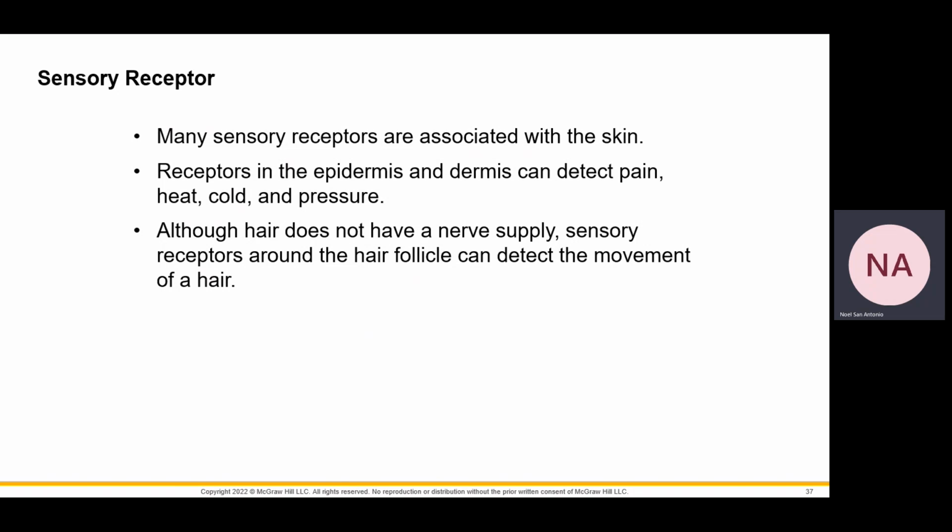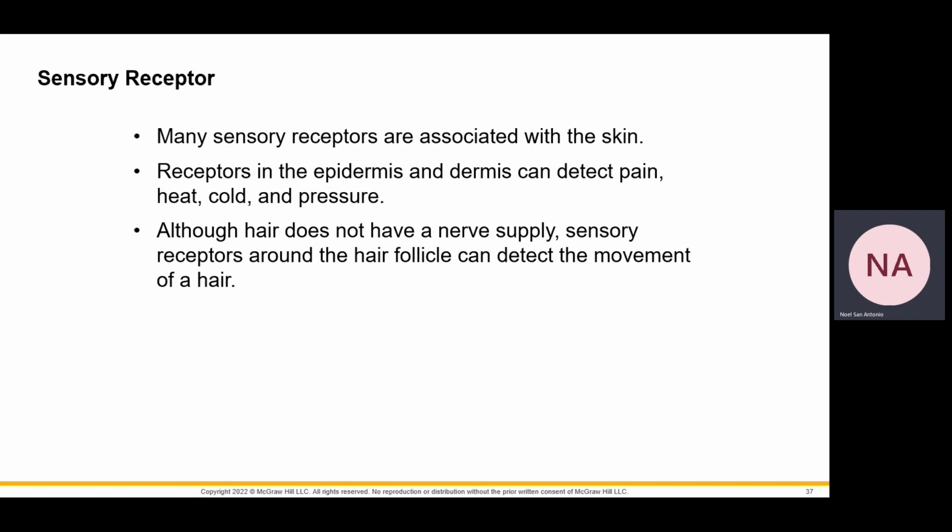Now, there are many sensory receptors that are found in our skin. There are receptors in the epidermis, but there are a lot of receptors in the dermis, which can detect pain, heat, cold, temperature, and pressure. Okay? Now, you have to remember, ang buhok, walang nerve supply yan.